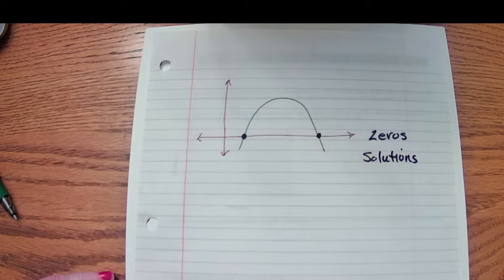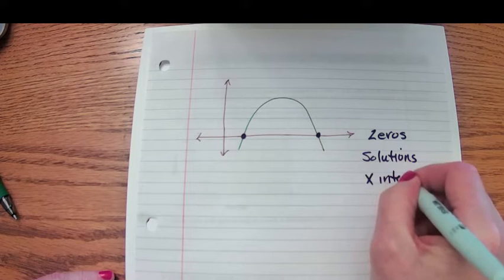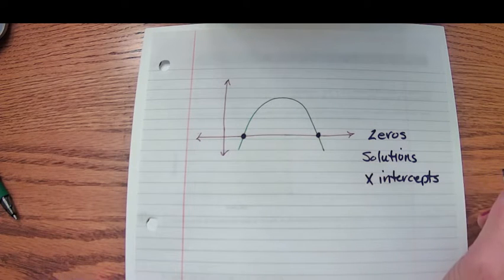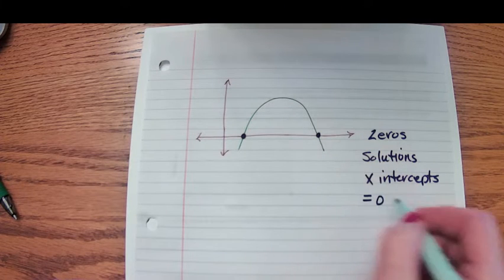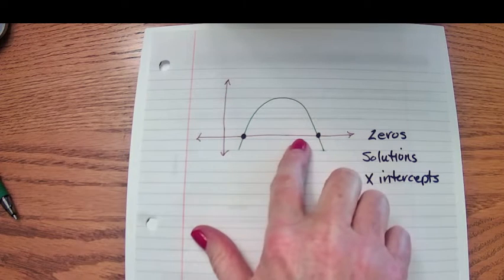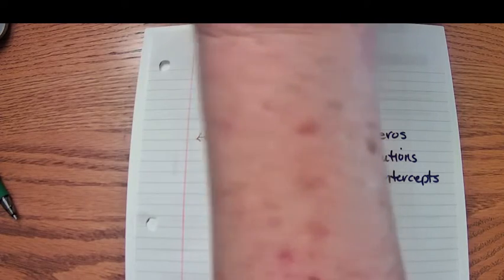They're called the zeros, they're called the solutions, they're called the x-intercepts. And they are when the quadratic equals 0, because the y value at those 2 points would be 0.